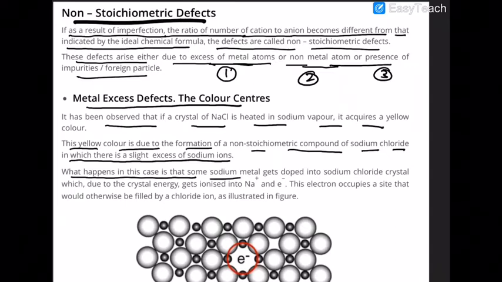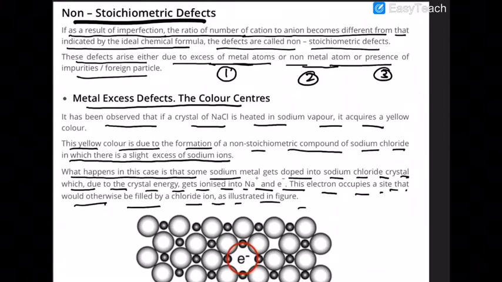Some sodium metal gets doped into the sodium chloride crystal, which due to its crystal energy gets ionized into Na+. The electron occupies the site that would otherwise be filled by a chloride ion, as given in the picture.